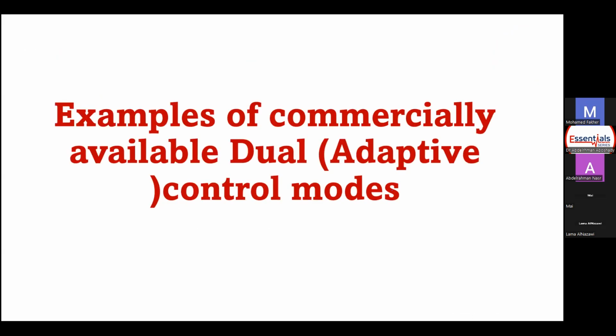Okay. So let's end our journey with dual control modes by giving some examples of commercially available dual control, or as we now call them, adaptive control modes, and know how we will set them on the ventilator.